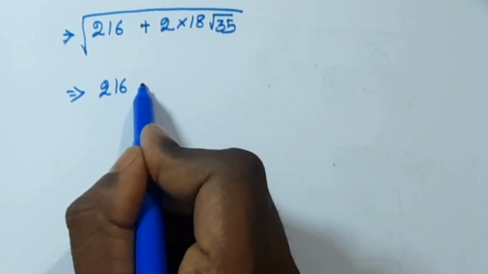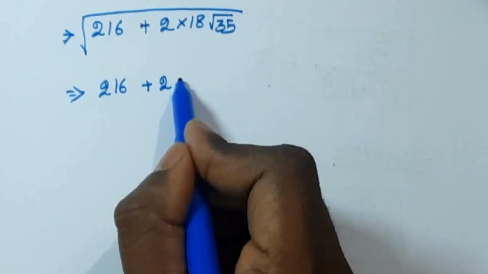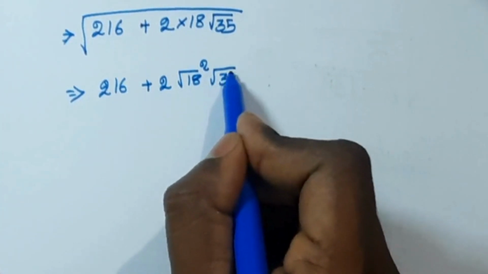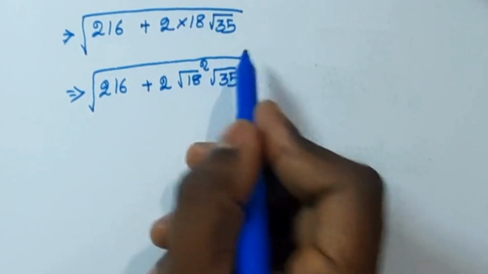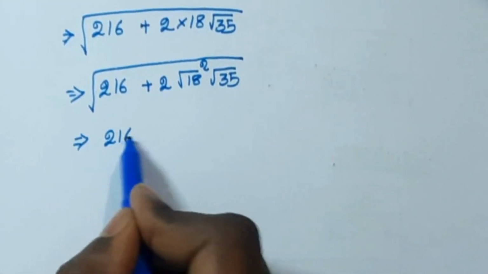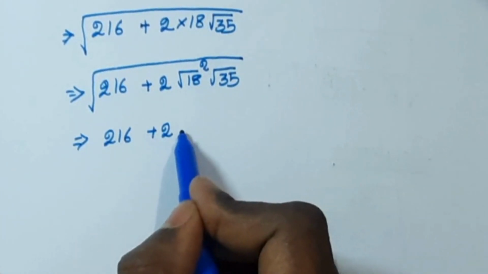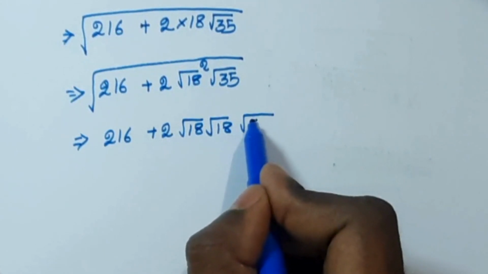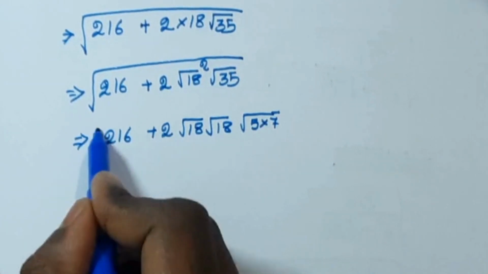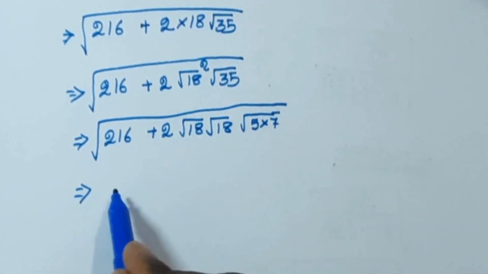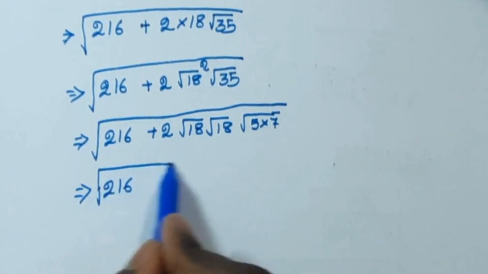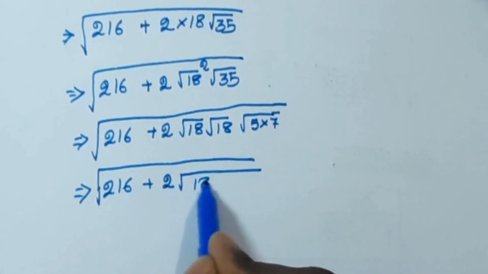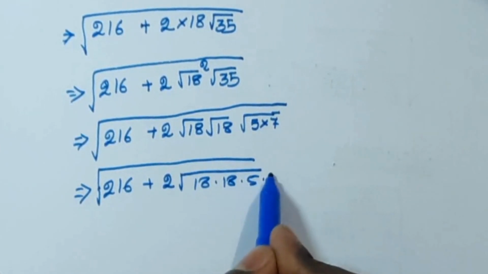So 18 can be written as square root of 18 times square root of 18, and 35 as 5 times 7. So it is (216 plus 2) whole square root of 18 times 18, 5 times 7.